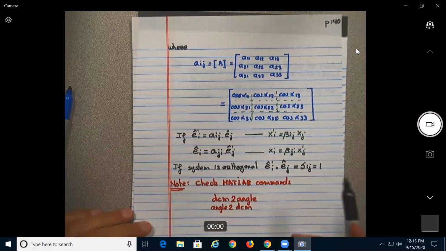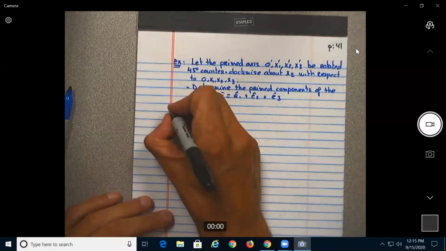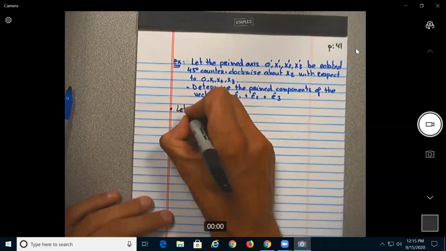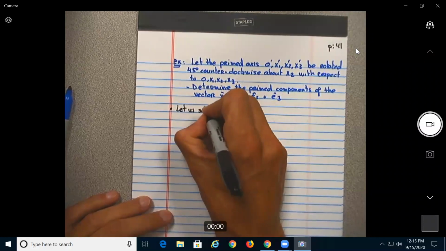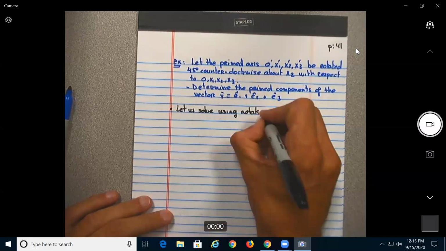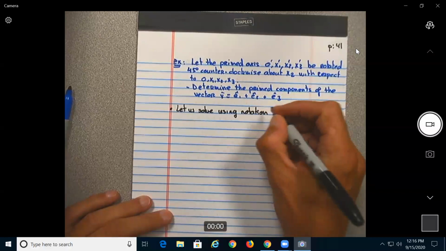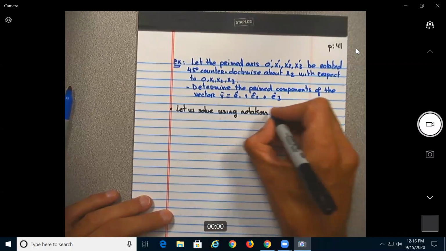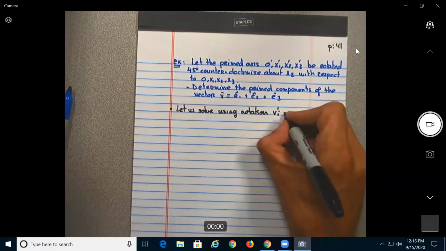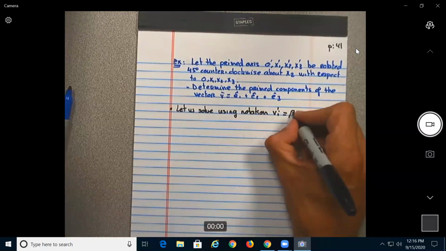All right, so let us solve using index notation. So let's say the vector here, this will be v prime i equal to beta ij v j, no?